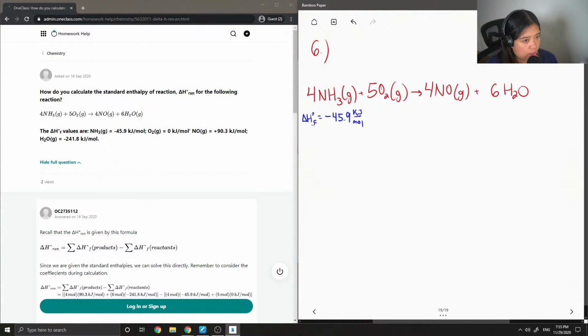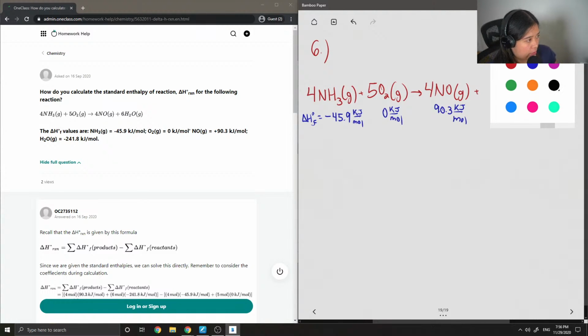For oxygen, it is just a pure gas, so it is 0 kilojoules per mole. NO is 90.3 kilojoules per mole. And lastly, H2O, negative 241.8 kilojoules per mole.